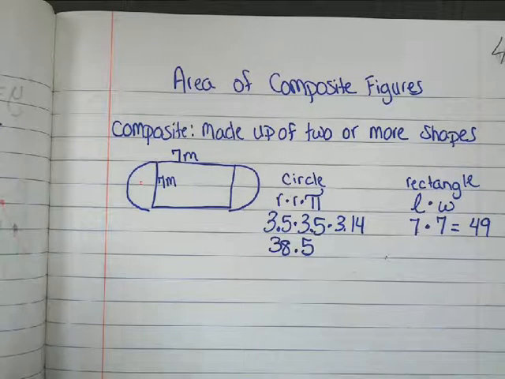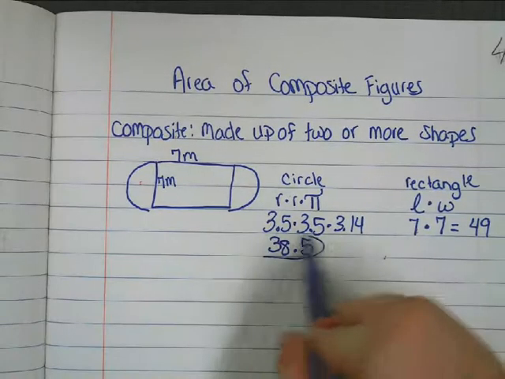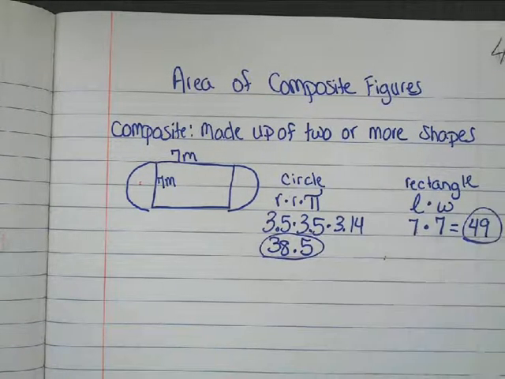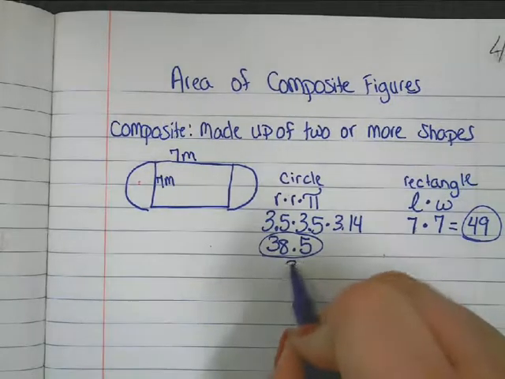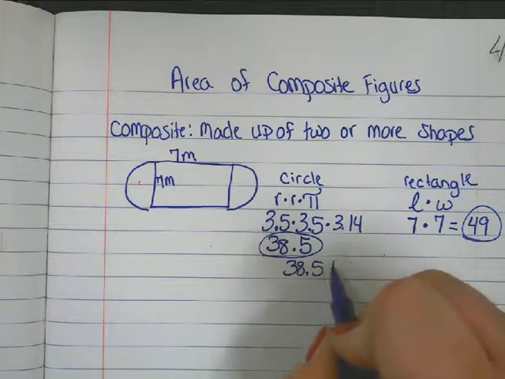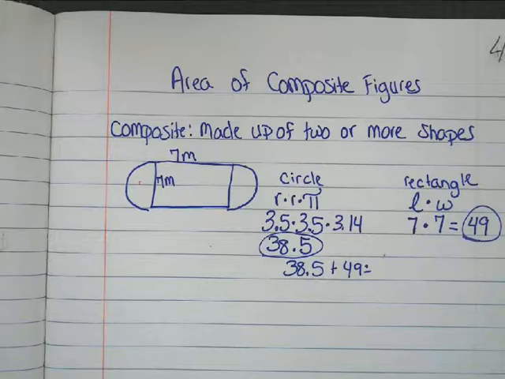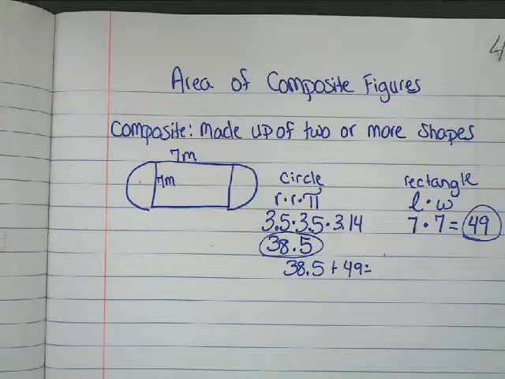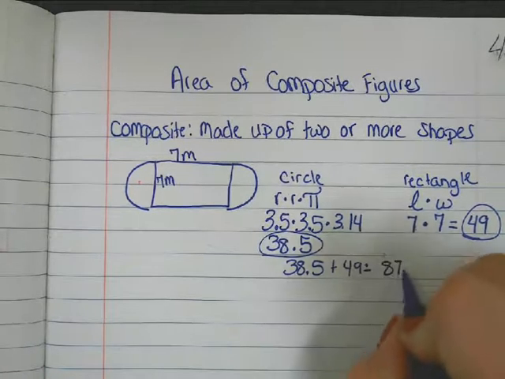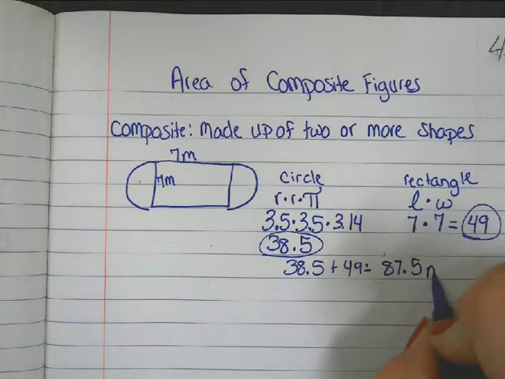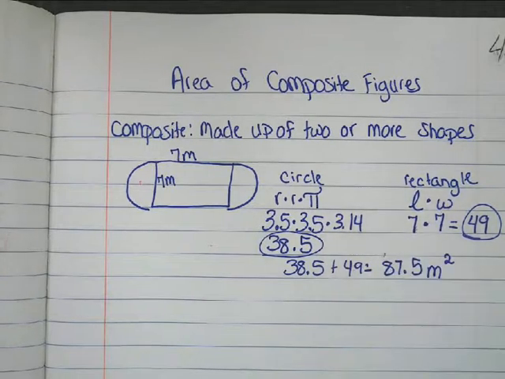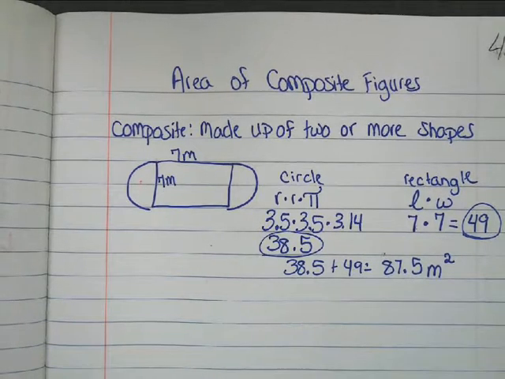Now I need to take this one and this one and add them together. So 38.5 plus 49 is 87.5 meters squared because it's area. So just breaking it down into two separate figures, then combining it together.